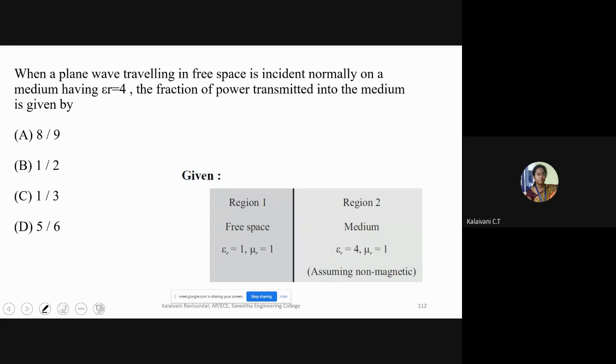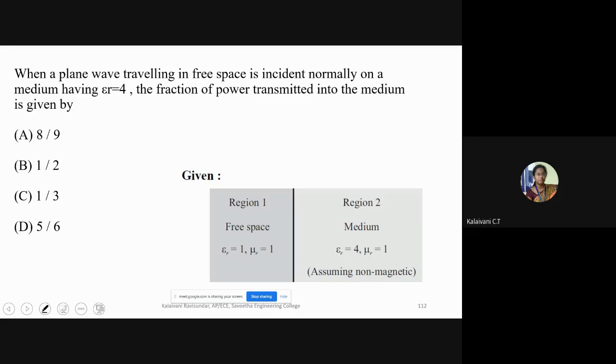So mu r is equal to 1. So we have the mu r and epsilon r values for both the mediums. We have to calculate the fraction of power transmitted into the medium.